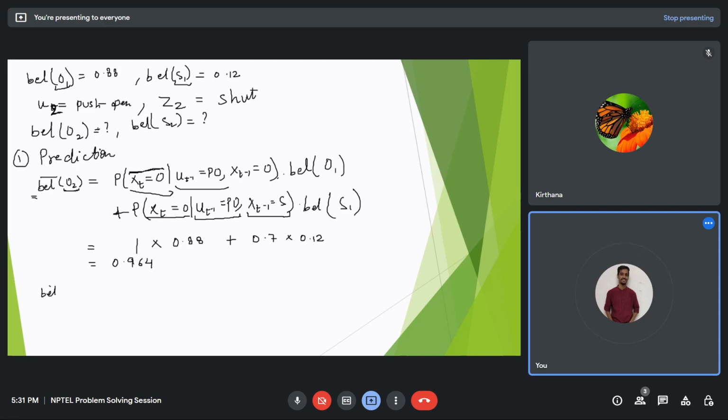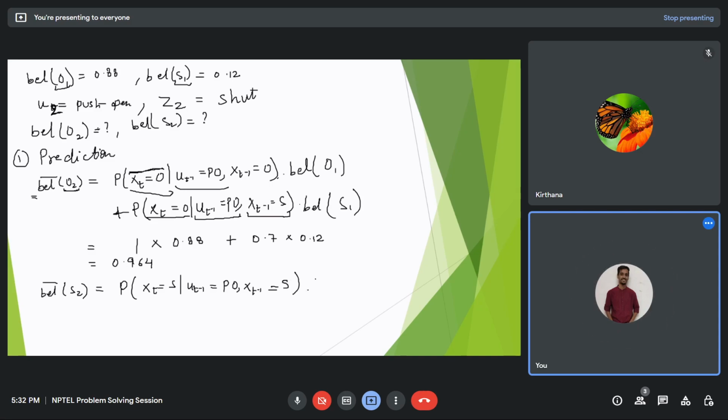And now similarly we get the prediction for what the chances are that the door will be closed even after you have pushed to open, and previously it was shut.